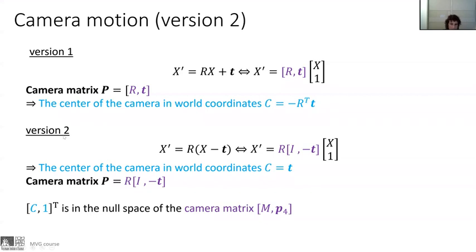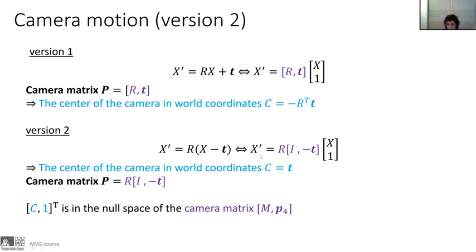Now there is another version. In the camera motion, sometimes you want to say where is the camera, in world coordinates, and what is the orientation of the camera. These are the degrees of freedom of the camera. In version 2, I take X in the world coordinate system, shift it by T, and then rotate.